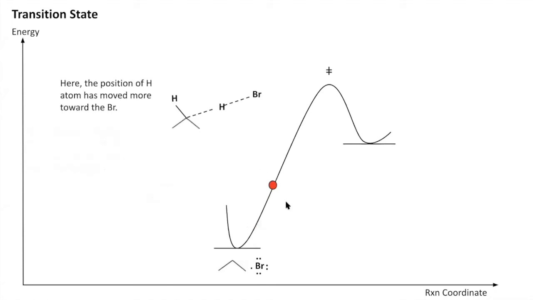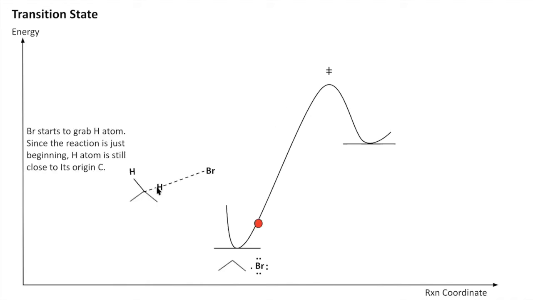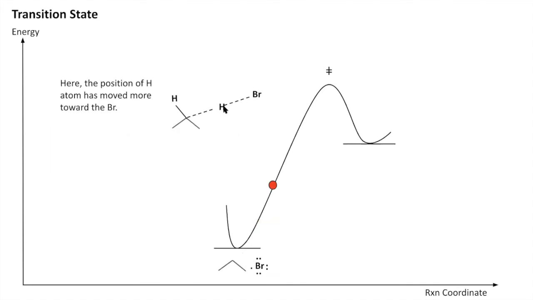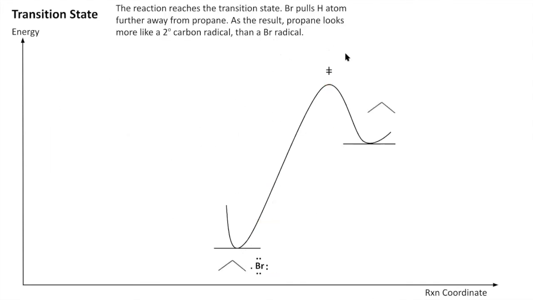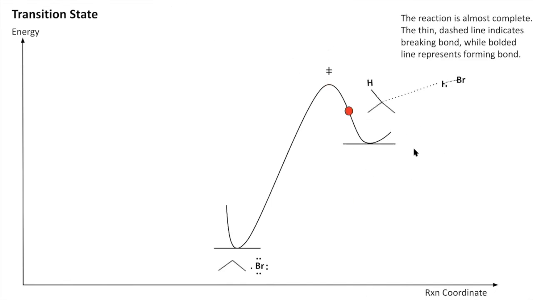But as the reaction proceeds, you see how the hydrogen is getting closer to the bromine and further from the carbon. I'll back it up once to see how the hydrogen's right there, close to the carbon. It's getting closer to the bromine. And then it moves up. By the time it gets to the transition state, it's almost at the final product. So the hydrogen's right up next to the bromine. Right before the final product, the hydrogen is almost at the bromine. It's overlapping a little right there.